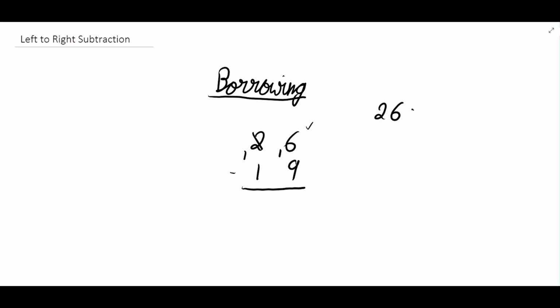Since 26 is equal to 20 plus 6, which is basically 2 into 10 plus 6 into 1, when we take one digit from here, it is equivalent to 10 units. So 16 minus 9 would give us 7 and 1 minus 1 would give us 0.